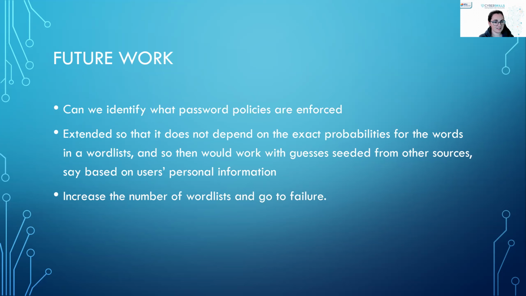And the last thing is that we'd like to increase the number of word lists. So at the moment, we did 4 dictionaries to guess 1 password set. So we'd probably like to increase the number of dictionaries and go to failure, just to see how many dictionaries we can try learning from until the system doesn't work anymore.